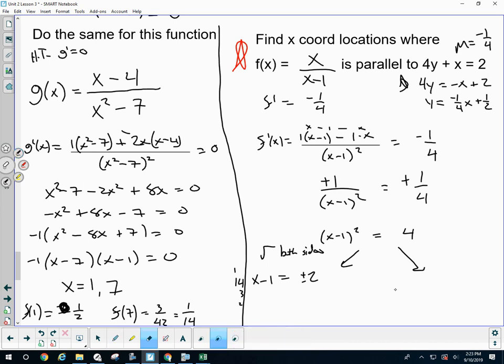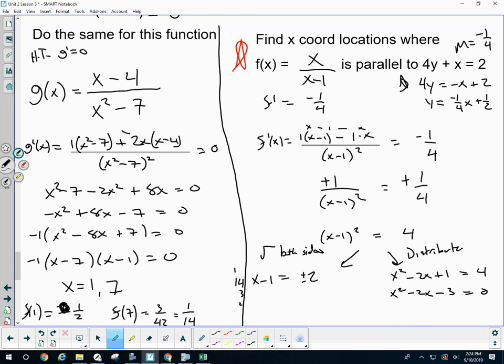Or we could distribute and solve the quadratic by factoring. This is x squared minus 2x plus 1 equals 4. It doesn't help us to have a factored form equal to a value. It helps us to have everything on one side and have a factored form equal to 0.